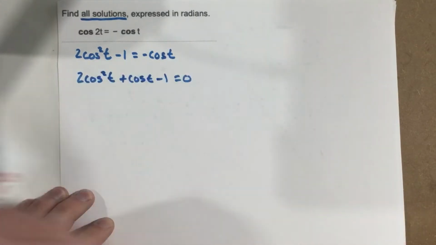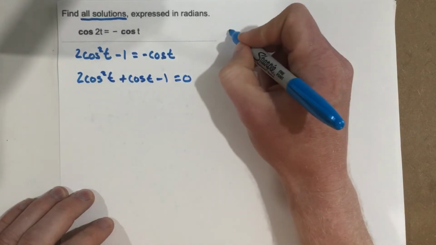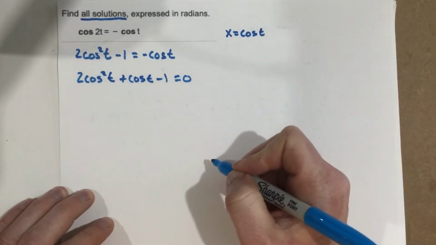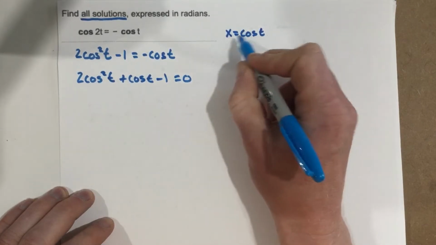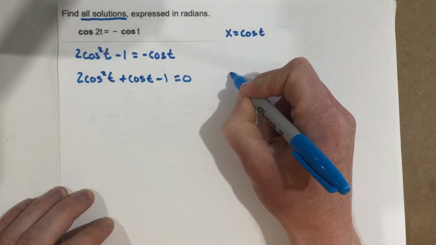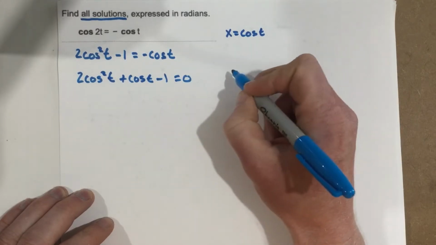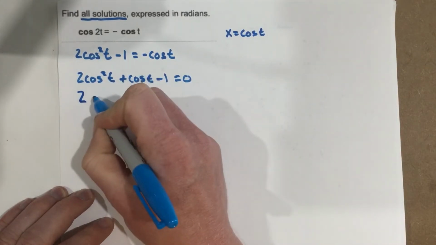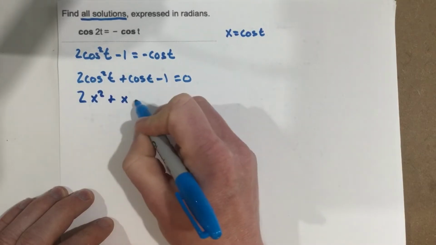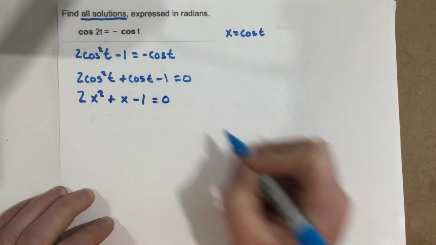So we can say, what if x equals cosine t? So if x equals cosine t, I'm going to rewrite this as 2x squared plus x minus 1 equals 0.